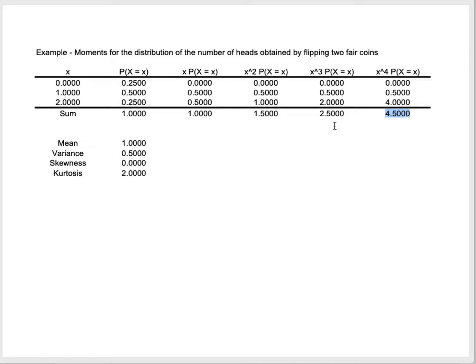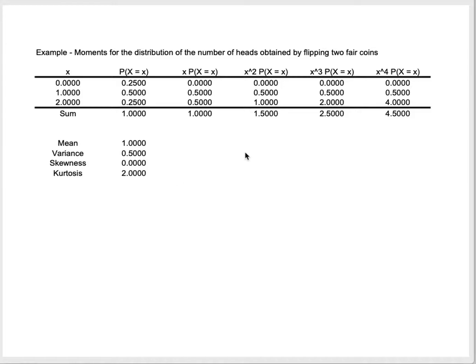And from these raw moments, we can get values for the skewness and the kurtosis. But just notice that we get the same values for the mean, the variance, the skewness, and the kurtosis that we obtained using the definition formulas and doing it by hand for this simple example.